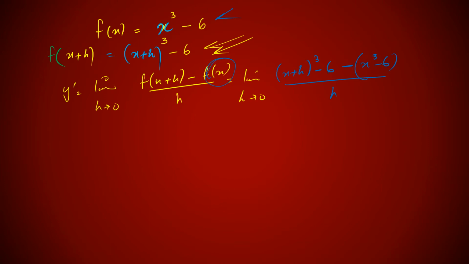Now remember there is a formula of a plus b whole cube, that is a cube plus 3a square b plus 3ab square plus b cube. In your question you have x plus h whole cube. It means that wherever you have a, you convert that into x, and wherever you have b, you write h.